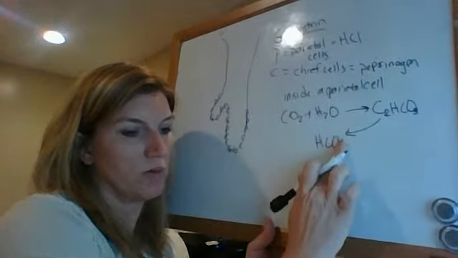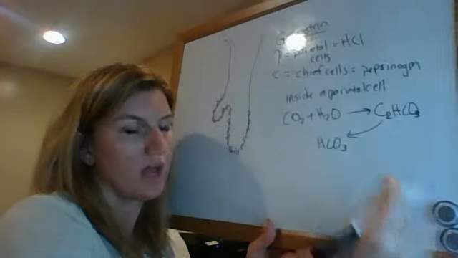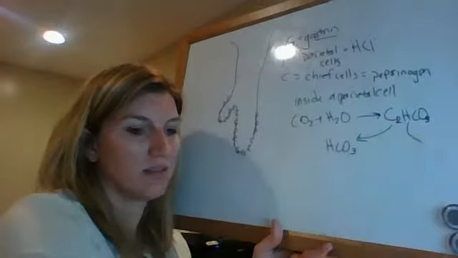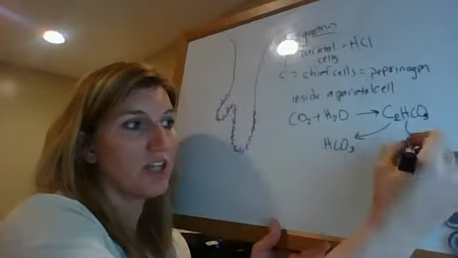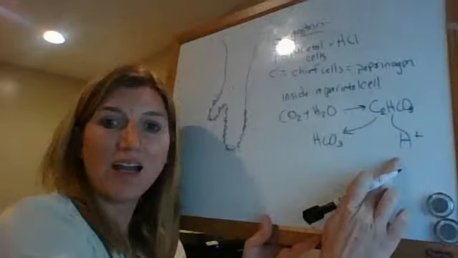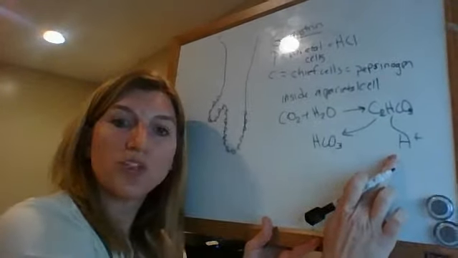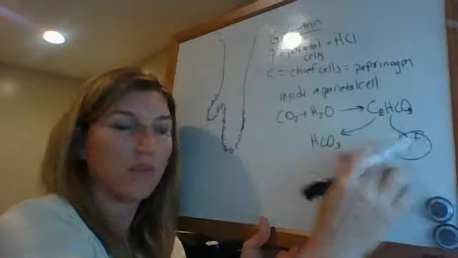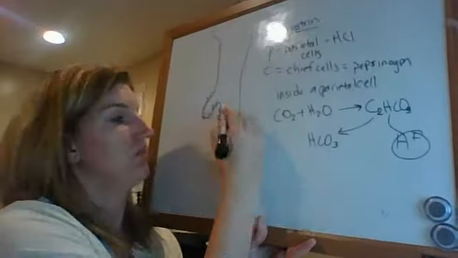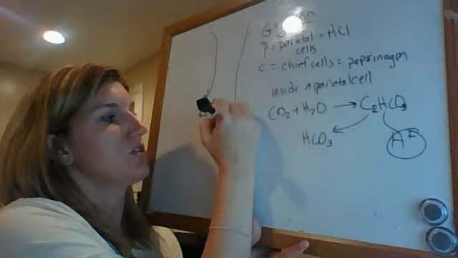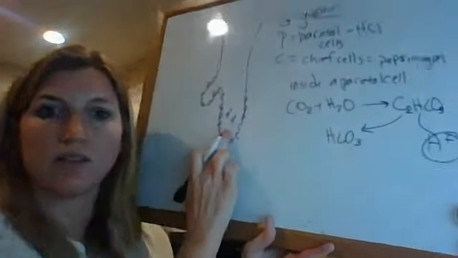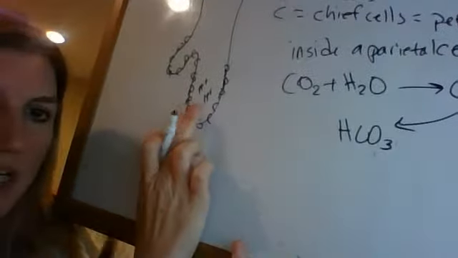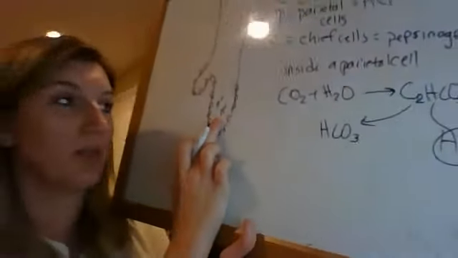HCO3, sorry. And the hydrogen ion. That hydrogen ion is what's secreted into the lumen of the stomach. It's secreted right here. H pluses, now it's hard to see, H pluses are secreted into the lumen there.